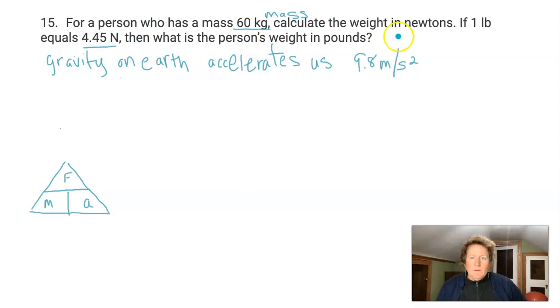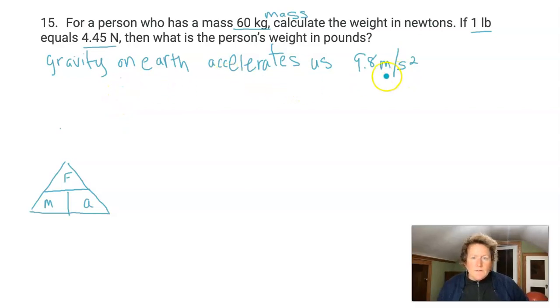So what they're giving us here is a conversion from newtons to pounds. But first, we have to figure out what their newtons are, what the force is, how much Earth is pulling on them. And that's essentially their weight. So how much Earth is pulling on you, that force is your weight. So let's calculate it in newtons first.